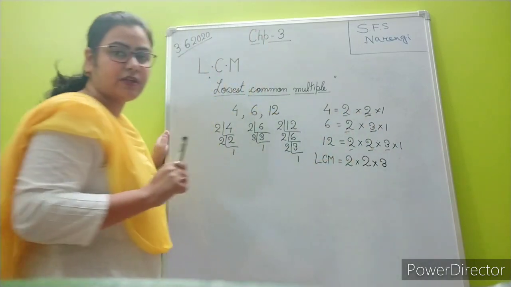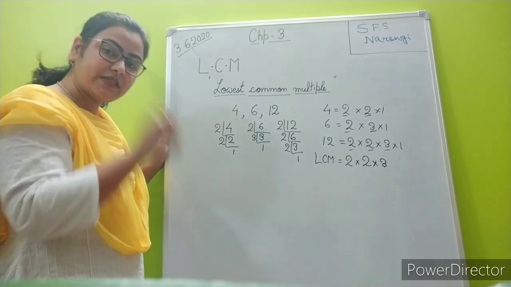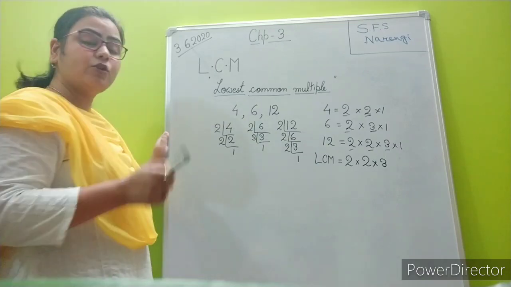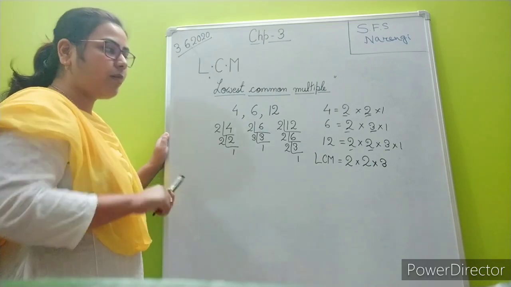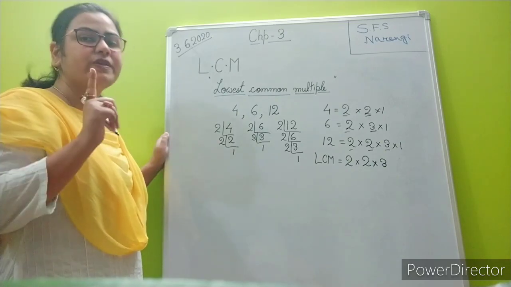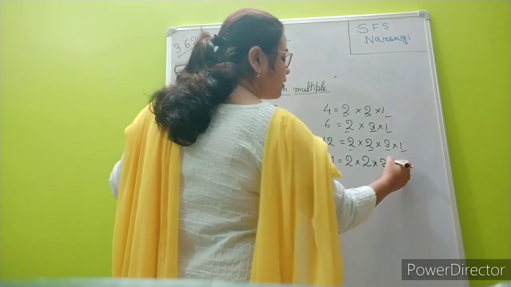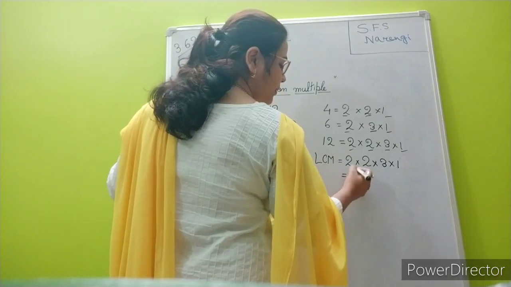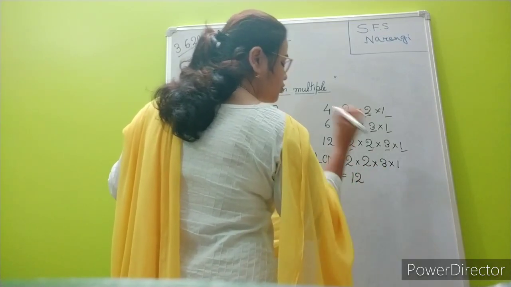In HCF, what did we do? We took only the ones present in all of them. In LCM, we take all. If they are common, then for every common one we take only one. And then we have 1. So what will it be? 2 into 2 is 4, 4 threes are 12, 12 into 1 is 12.